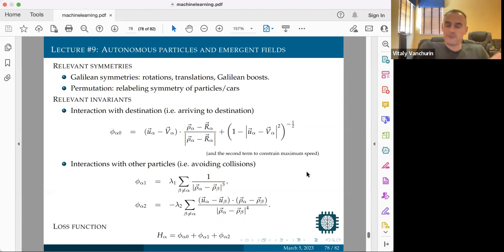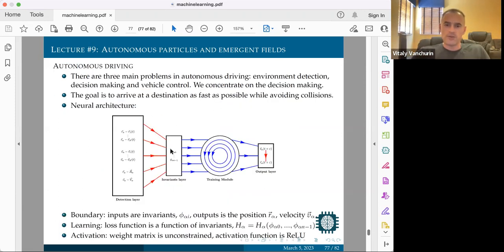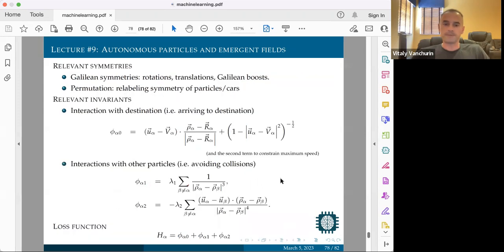And since it's relevant information, make use of it in order to determine where to go. From the point of view of this plot here, those are the invariants that will be in your invariant layer. And those invariants will be used to calculate where you should go, how you should steer the wheel. So very basically, we have very few, like 3 input neurons and very few output neurons.